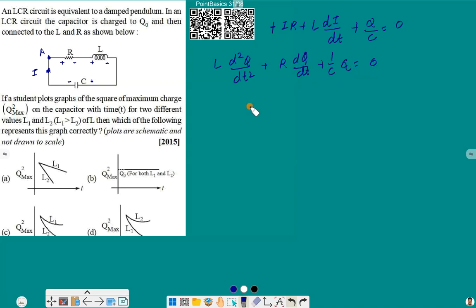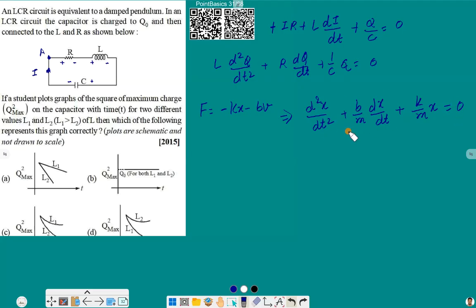is equal to 0. Now we know for a damped harmonic oscillator the force equation is minus kx minus b dx by dt, and the second order differential equation for it is given by d square x by dt square plus b by m dx by dt plus k by m into x is equal to 0.